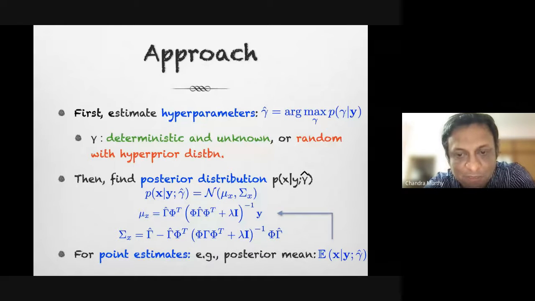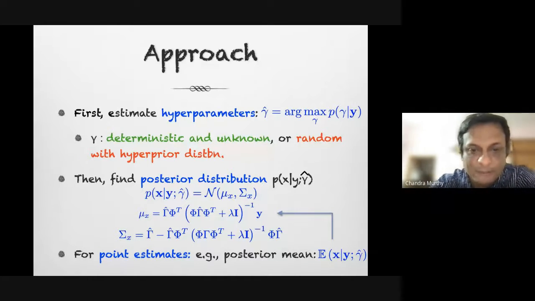And so you can actually write out what mu x and sigma x are. For example, if you're interested in the conditional mean estimate, which will also minimize the mean squared error if gamma hat were the correct estimate of gamma, so this is the MMSE estimate of x, and therefore you can expect it to have good mean squared error properties. And you can use the conditional mean, which is actually equal to this mu x, as your estimate of the sparse vector x.